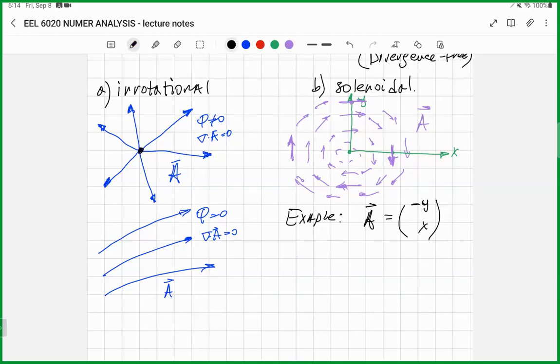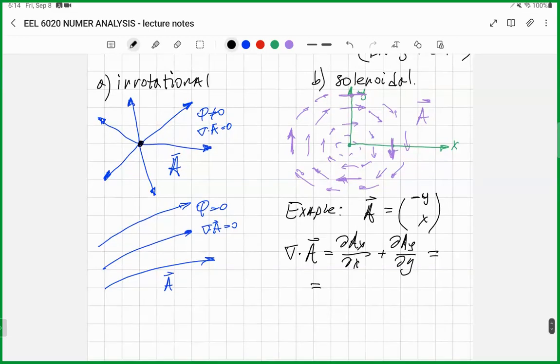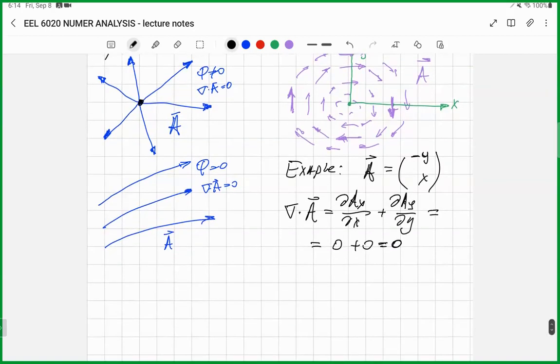Okay, and what if I take the divergence of this field? So divergence is dax over dx plus day over dy, and as I can see, the x component depends only on y, so the derivative is 0, and the second is also 0, so divergence is 0. The field exists, but divergence is 0.